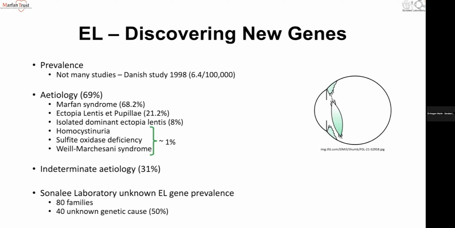Not much is known about the prevalence of EL, but a Danish study in 1998 gave a prevalence rate of 6.4 per 100,000 live births. In the same study, the etiology was established in 69% of these cases, but 31% were unknown. We have a cohort of 80 families where 40 families have an unknown etiology. Therefore, our cohort has 50% of families without a genetic diagnosis.